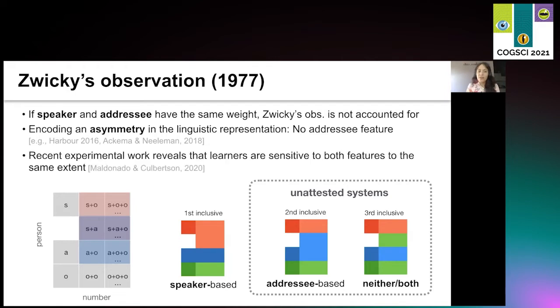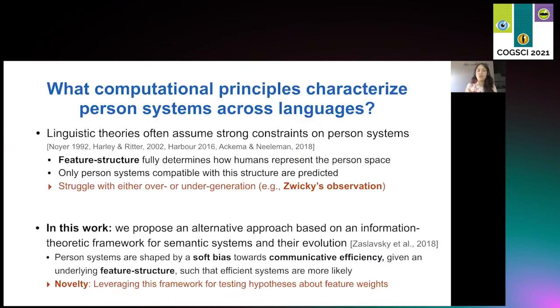Now, in recent experimental work, it has been revealed that actually learners are sensitive to both of these features to the same extent, to both addressee and speaker. And this seems to suggest that we do need a representation for both of these features. So that's partly the motivation, this struggle to capture typological tendencies, that we have to propose an alternative approach, which is based on an information-theoretical framework for semantic systems under evolution.